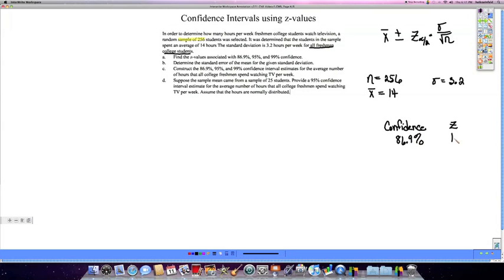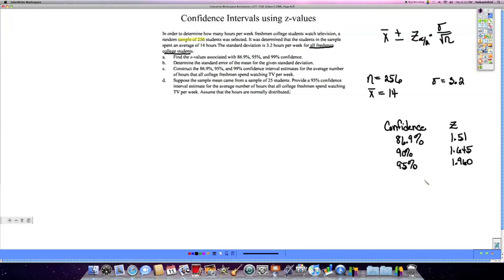the z-score is 1.51. And of course, in the chart that we see on page 319, we see that for a 90%, it is 1.645. For a 95%, 1.960.